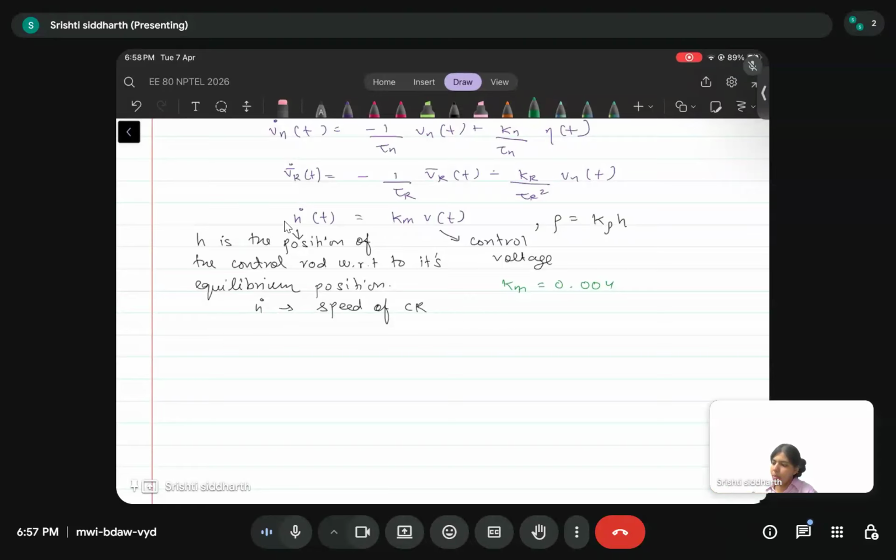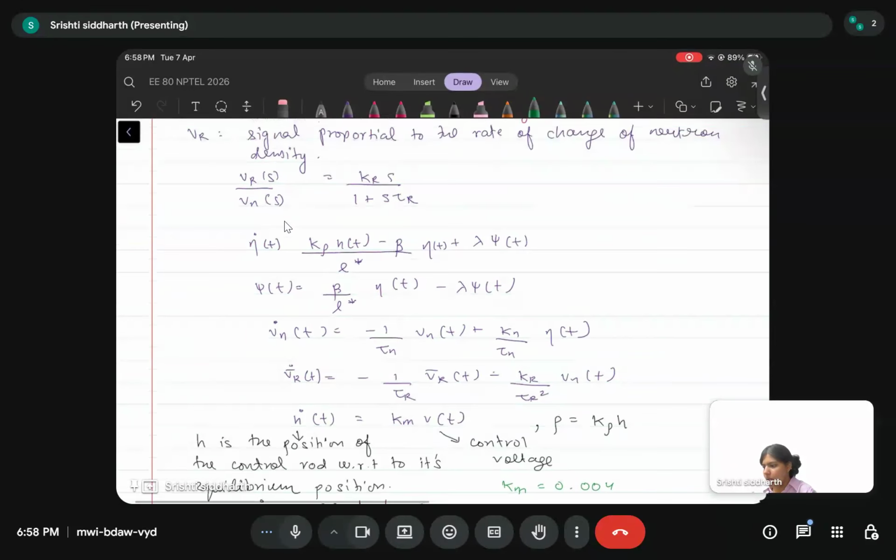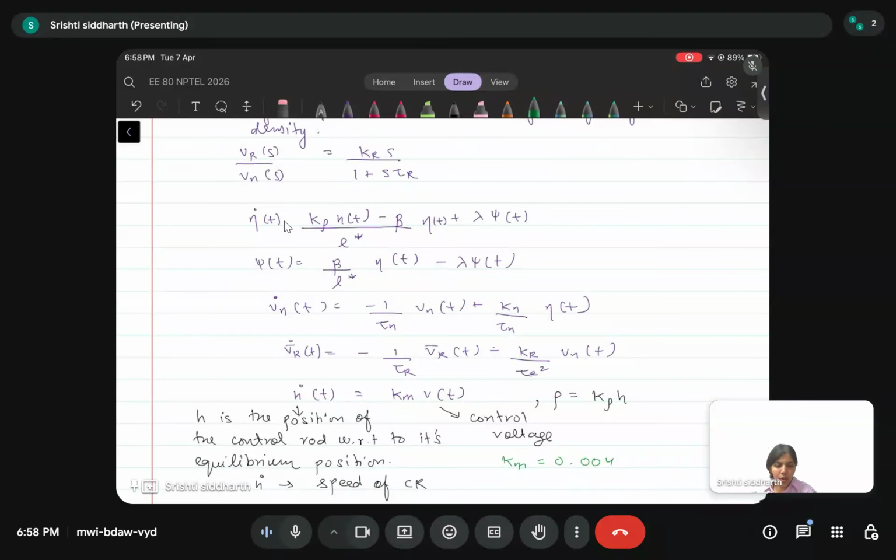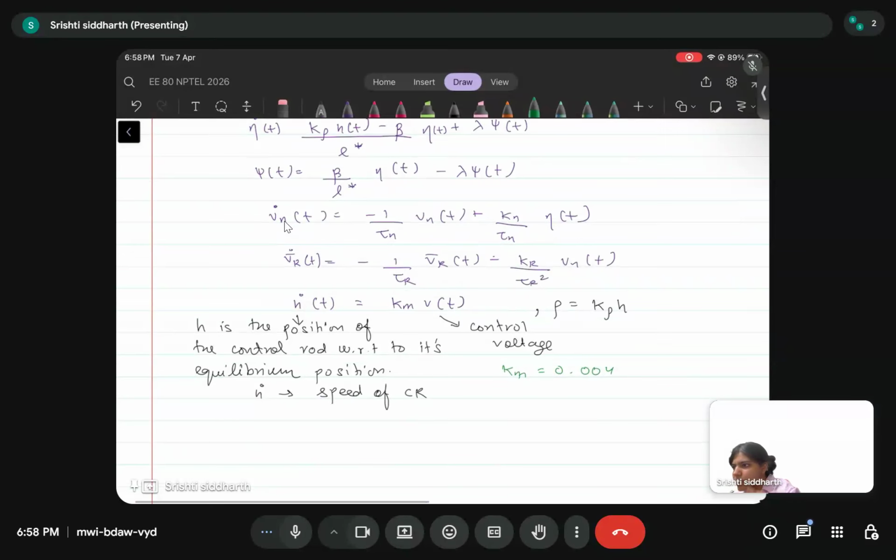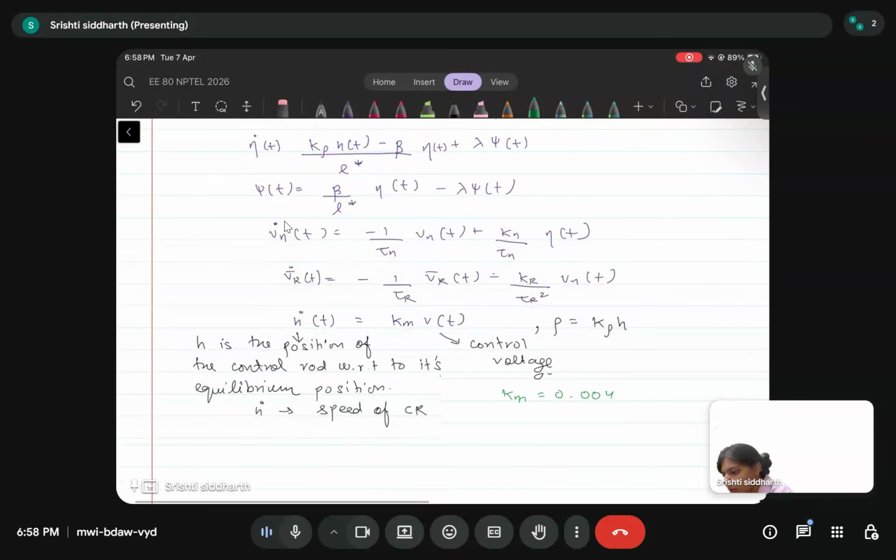And then by solution of these differential equations, the objective of the nuclear model is to generate electricity. Okay. So what's the order of the model?